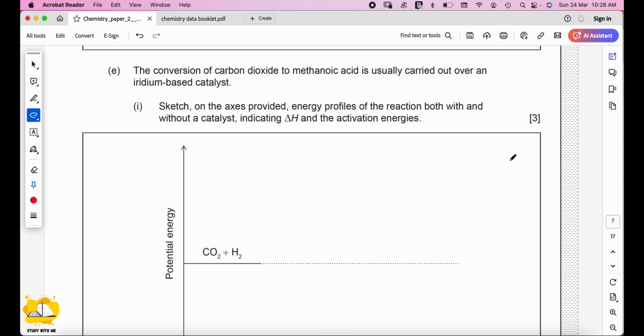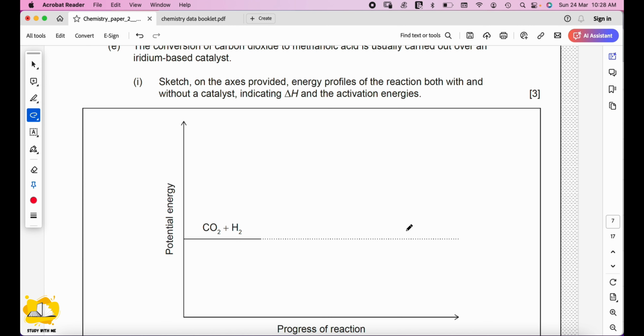The conversion of carbon dioxide to methanoic acid is usually carried out over an iridium-based catalyst. So you need to sketch the diagram, providing energy profiles of the reaction both with and without a catalyst, indicating delta H and the activation energy. So you know this would be reactant and this will be product.